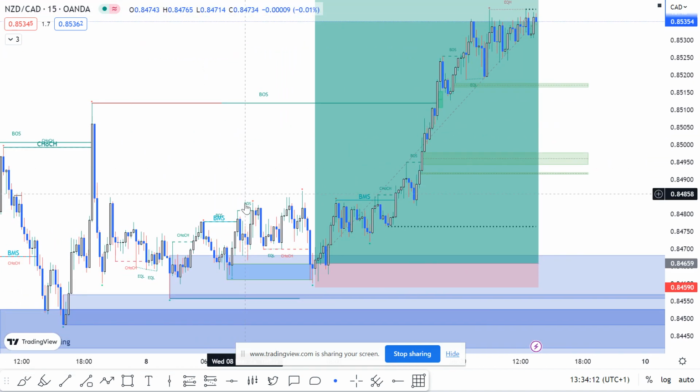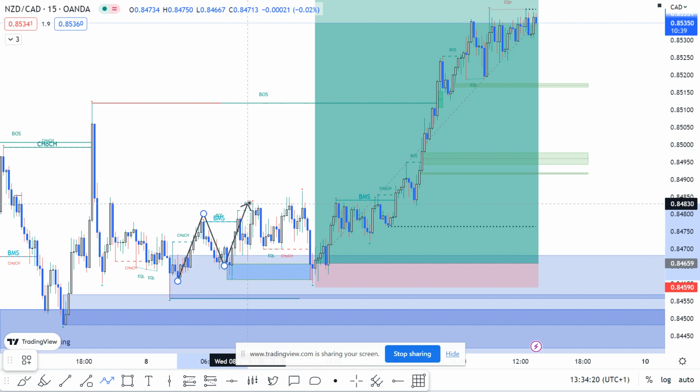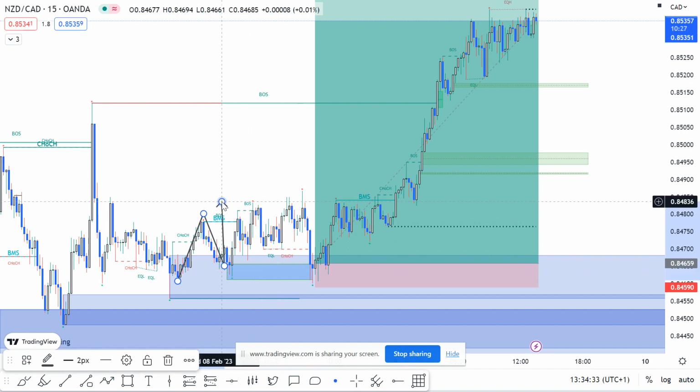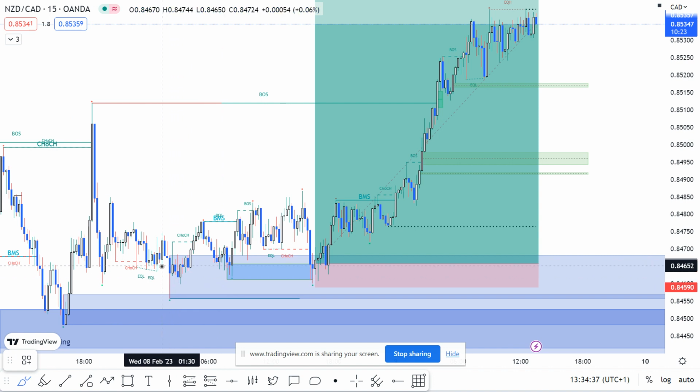So on NZD CAD, what do we have? We have price tapping into our demand zone. We have a break of structure, inducement taken, FVG was here, sweep of liquidity from behind, and you can see how I marked it. This is a perfect example to use.